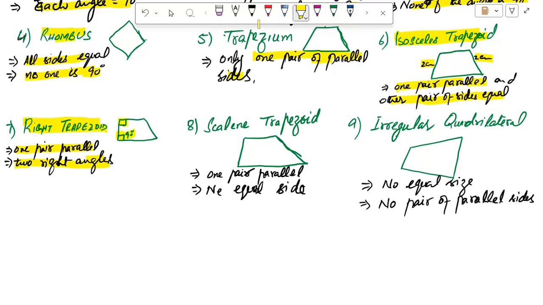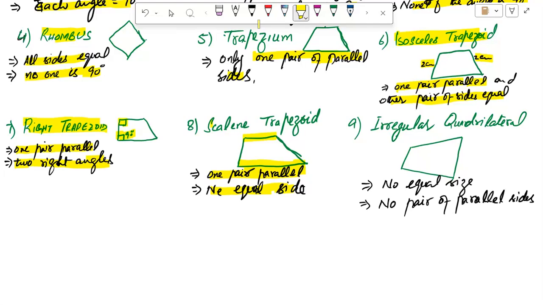Then there is a scalene trapezoid, where we again have one pair parallel but no equal sides, right? So all four sides are not equal, but one pair of sides, like this one and this one in this diagram, these two opposite sides are parallel.